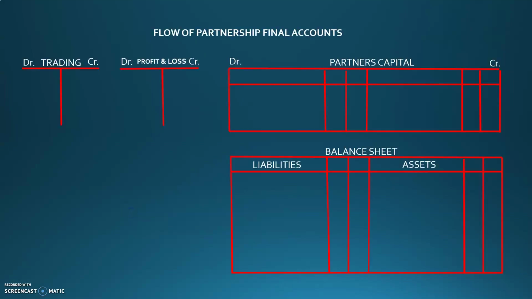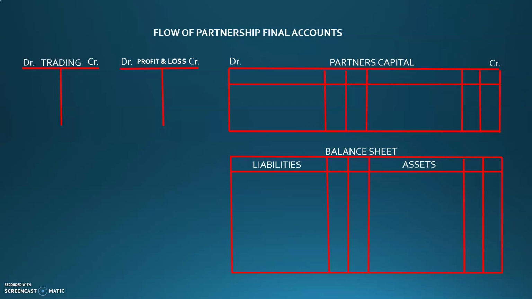Before that, let me very quickly go through with you what will be the flow of final accounts. Meaning to say, क्योंकि अलग अलग पार्ट्स है फाइनल अकाउंट्स के अंदर, मेरा मतलब ये है फाइनल अकाउंट्स में जैसे आपके स्क्रीन पे आपको दिख रहा है, द फर्स्ट अकाउंट इज ट्रेडिंग अकाउंट, सेकेंड इज प्रॉफिट एंड लॉस अकाउंट, third is the new account which is called as partners capital account, and after that you end with balance sheet, so that there is clarity at the end of the solution कौन सा आंसर कहाँ पे जाएगा.